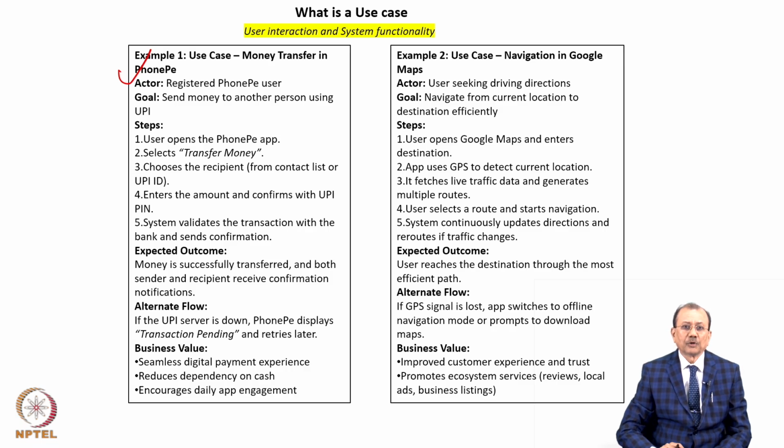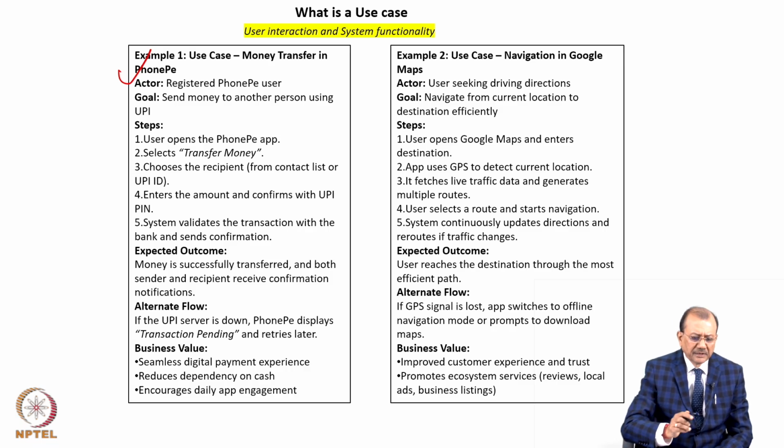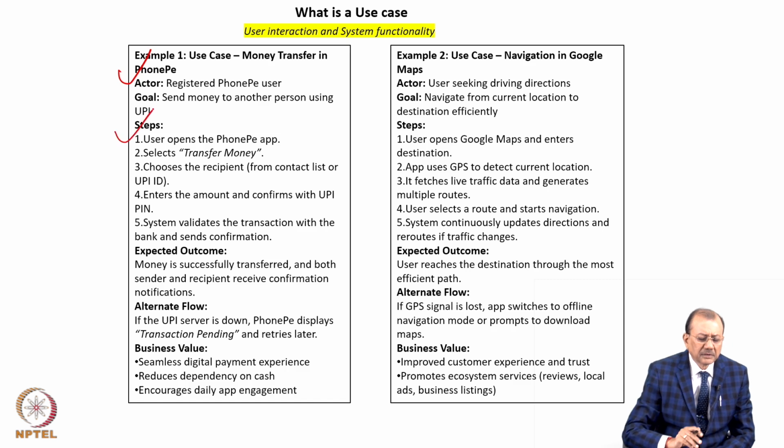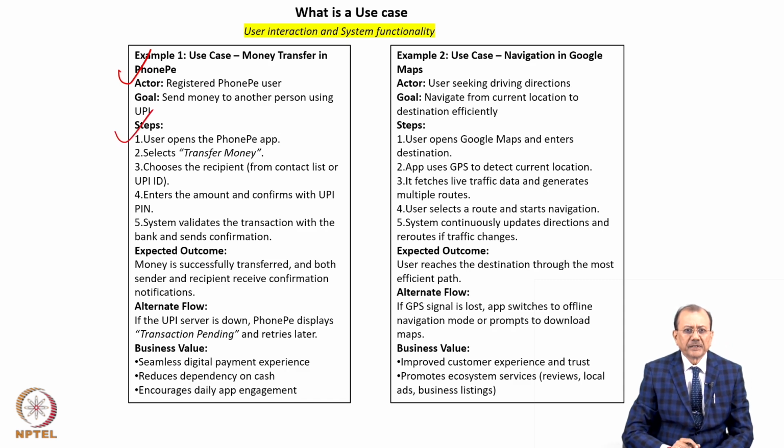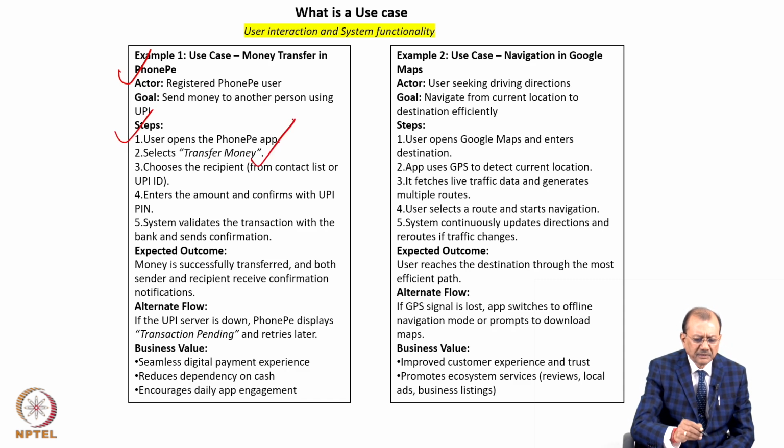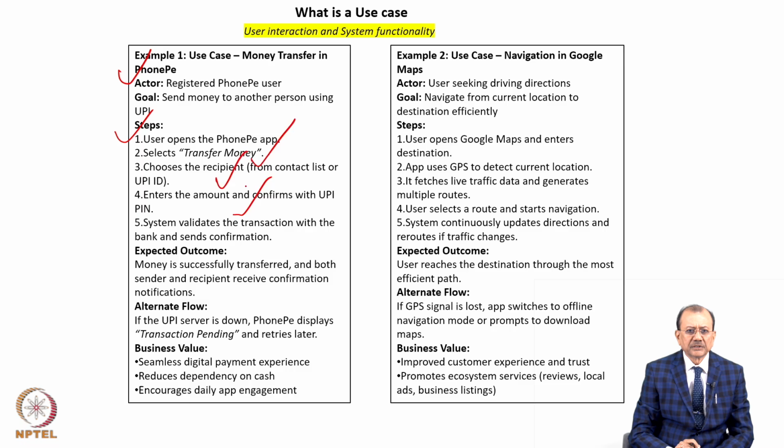If you would like to use PhonePe for sending money, these are the steps you follow. Open the PhonePe app, choose the recipient, and then enter the amount which you want to send, and once you are satisfied, you confirm and the money is sent.